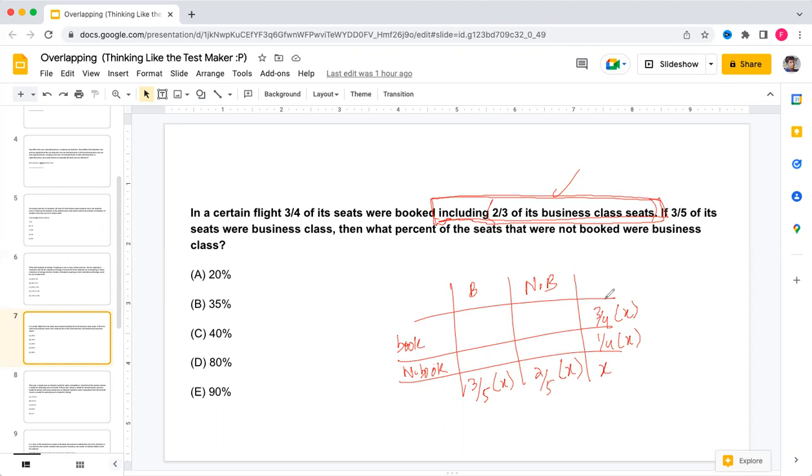That means this includes 2/3 of the business class seats. Getting the point? In total booked, you are getting 2/3 of business class seats. Total business class is 3/5, and you are getting 2/3 of business class seats in this, and some other seats that add up to 3/4 of X. Getting the point?